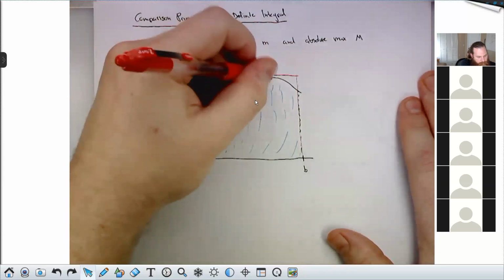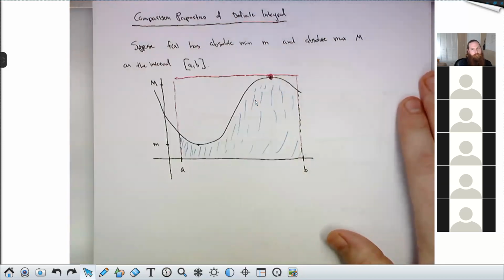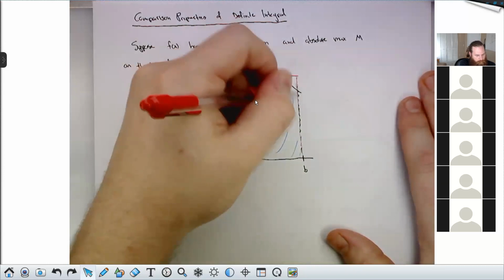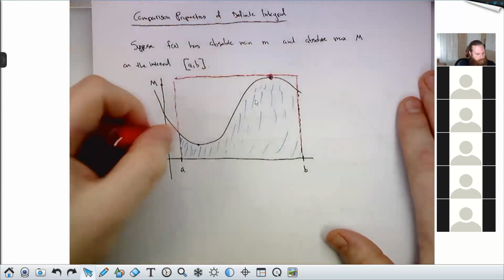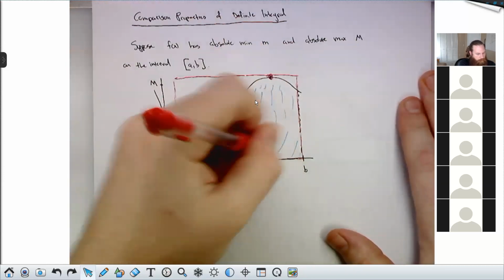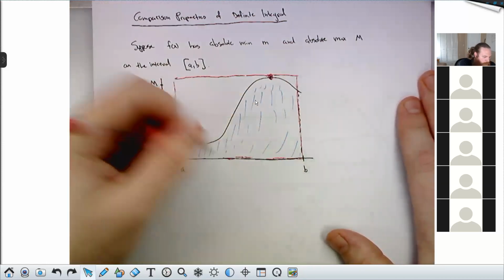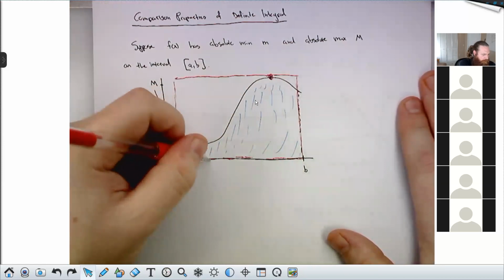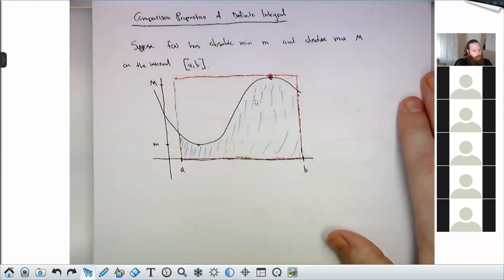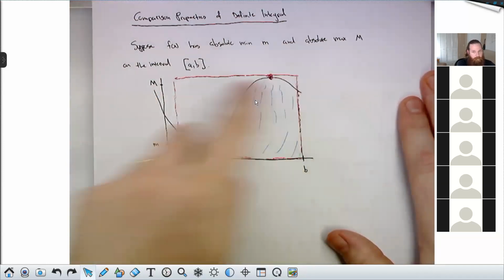Pretend this is hitting that point right there. The blue area has to be smaller than the area of the red rectangle. Why? Because it's contained inside of there.